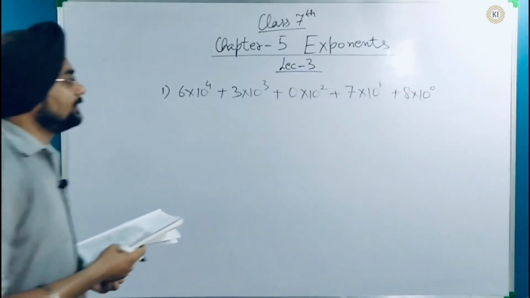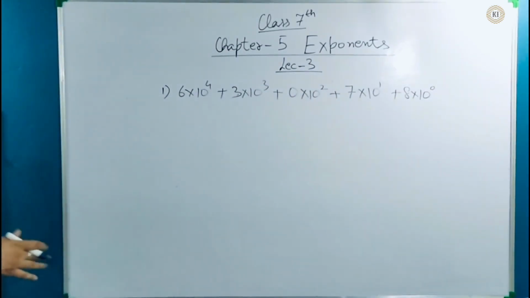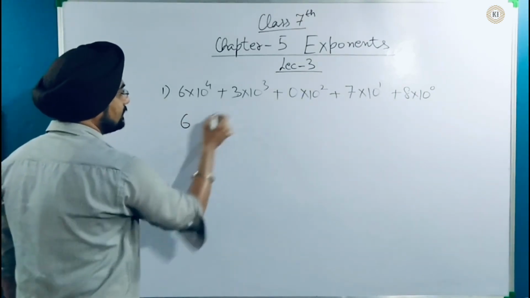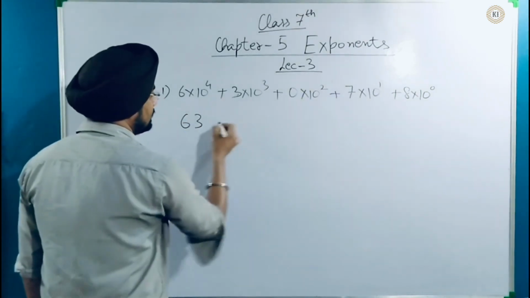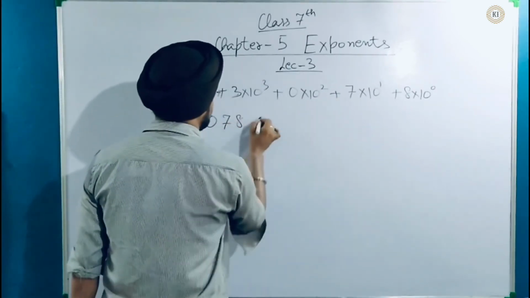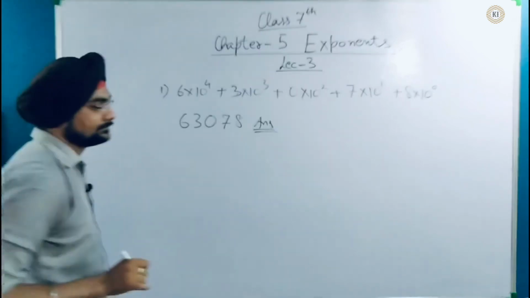Now this number is given in the expanded form. We have to write in the standard form. So simply we start from here 6, 3, then 0, 7, 8, and this will be your answer.